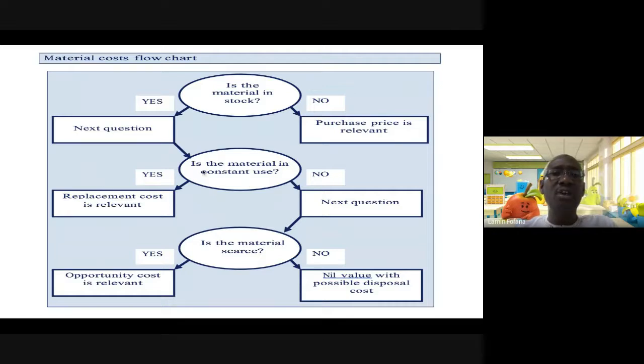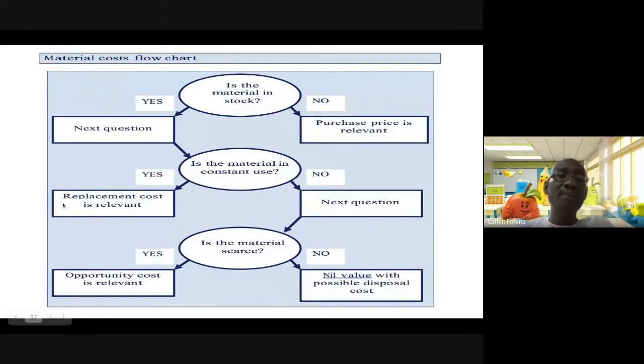If they are not in constant use, okay, the materials are in stock, but they are not in constant use, then that means replacement cost is relevant. But if you use them for this order, you're going to replace them later on, isn't it?